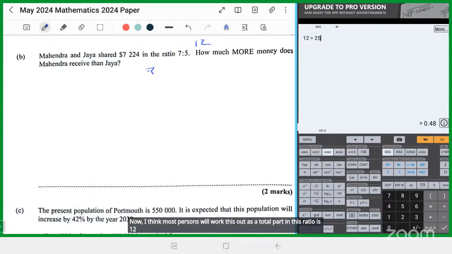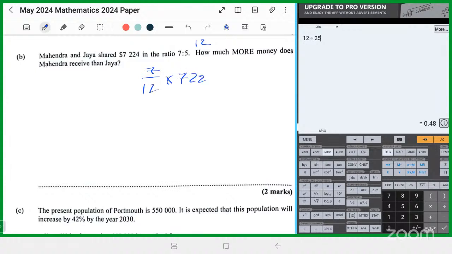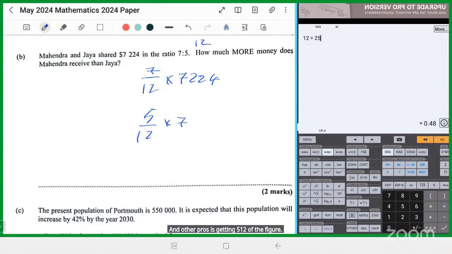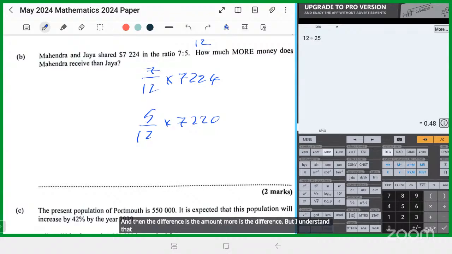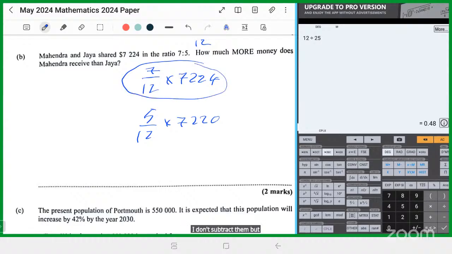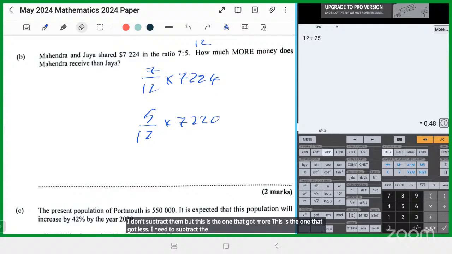One person is getting 7/12 of the figure, and the other person is getting 5/12 of the figure. And then the amount more is the difference. I think most persons will do it that way and just subtract them. This is the one that got more, this is the one that got less, and then you just subtract the figure.